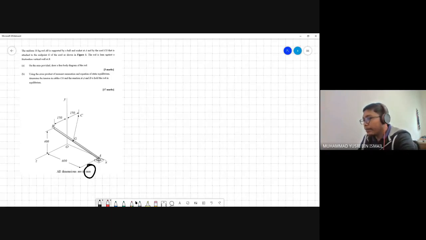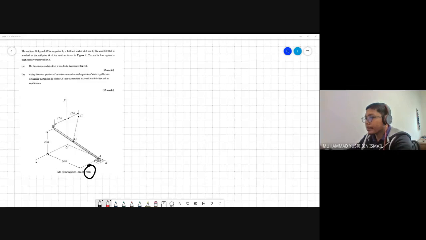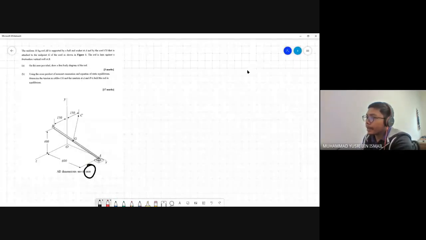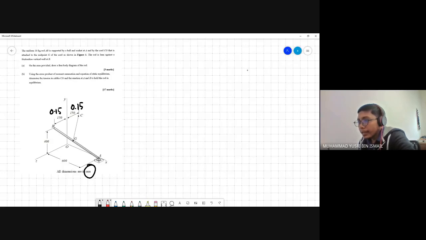So basically 150 here is 0.15, then 0.15 as well, 0.4, 0.6.